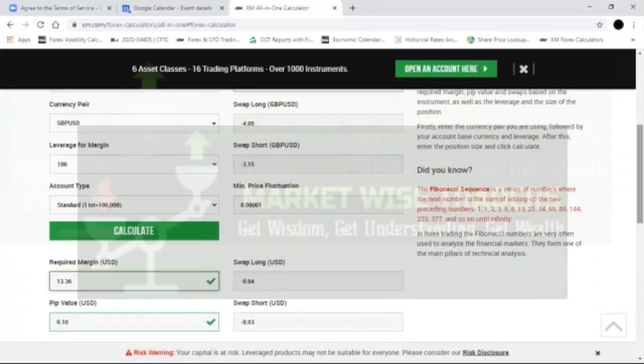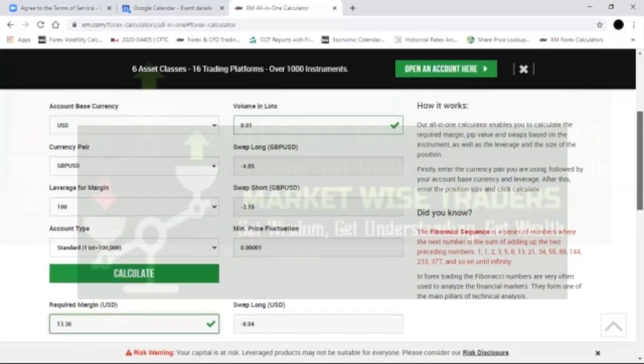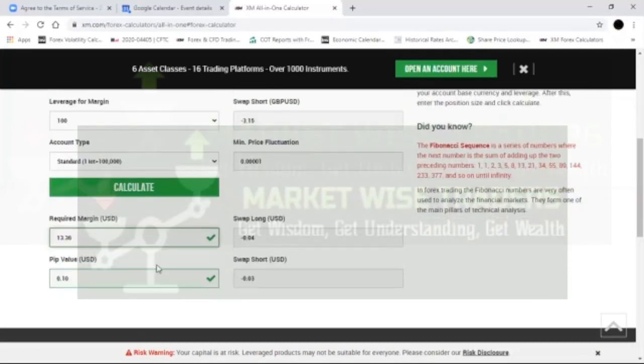So if you're going to enter pound US dollar, you must look here to say, all right, if I'm required 13.36, 10 cents a pip, how many pips is that? To me, that looks like 133 pips will get this to 0.